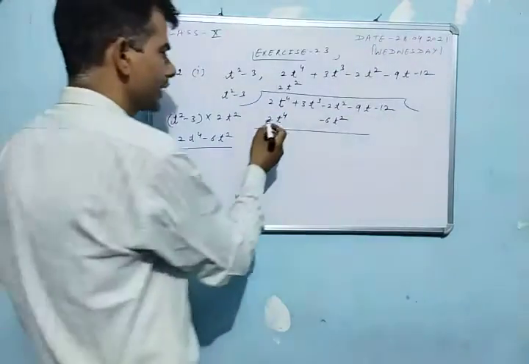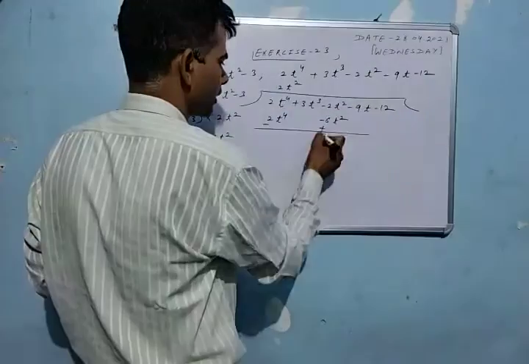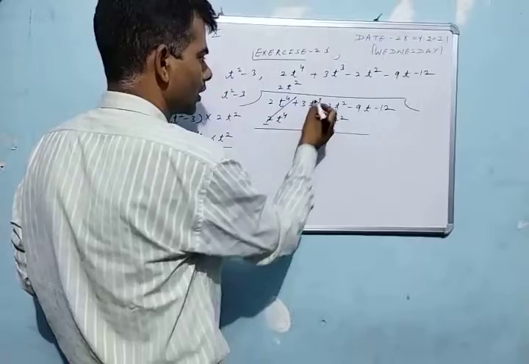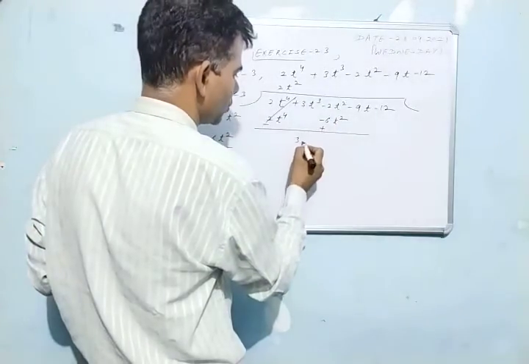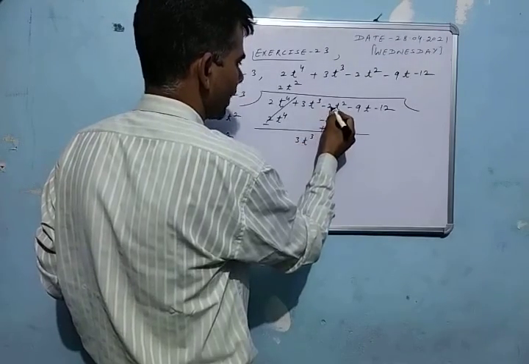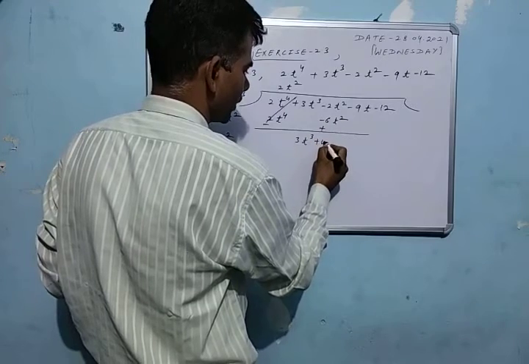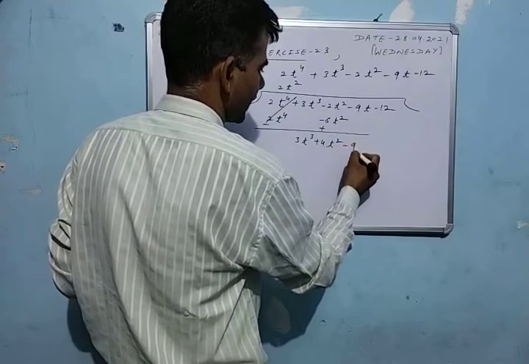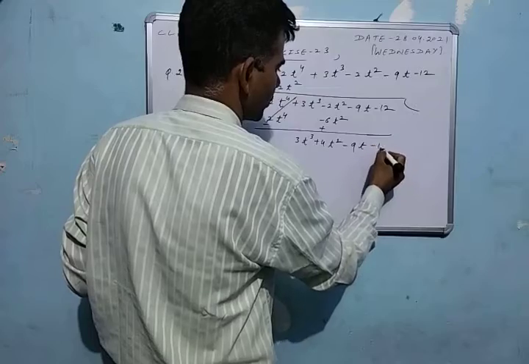Now student, that is minus and plus, cancel out. The remainder will be 3t cube minus 2 plus 6, that is 4t square minus 9t minus 12.